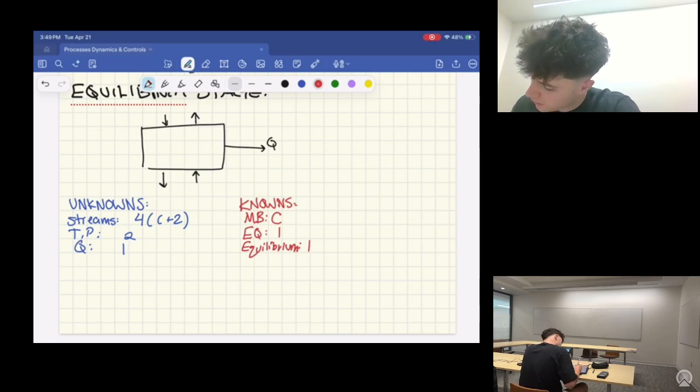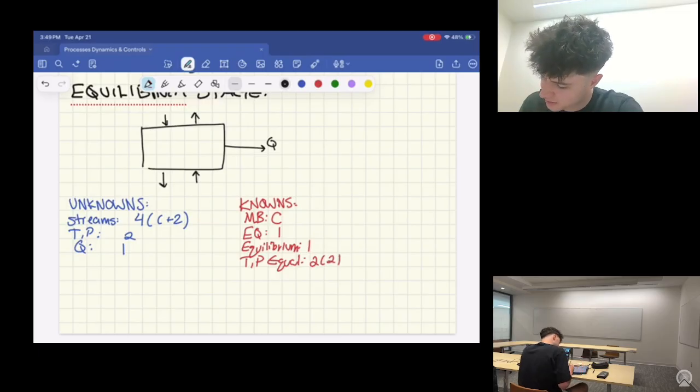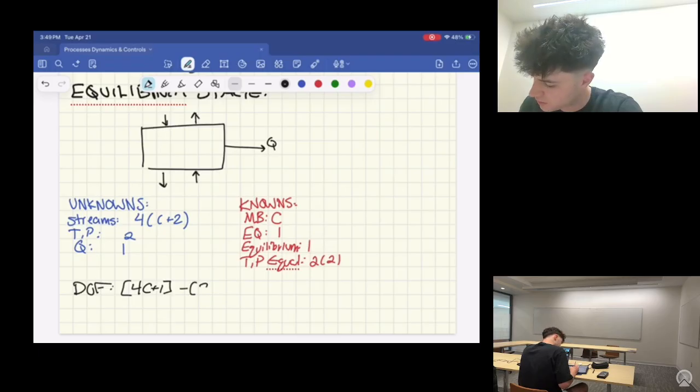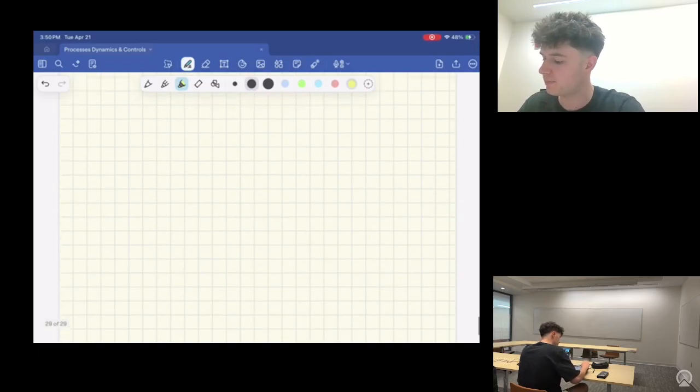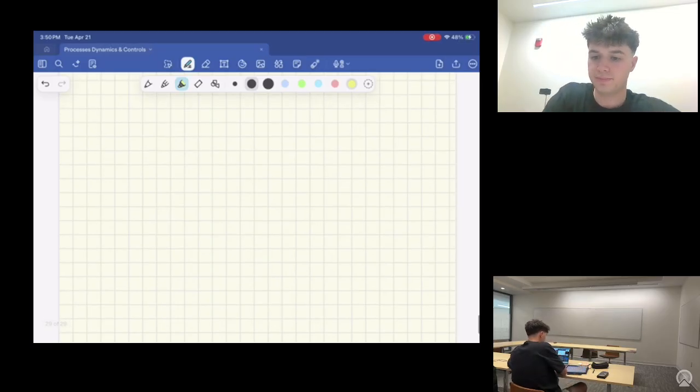And then our TP equal, it's going to be equal to 2 times 2. Now this allows us to solve for our degrees of freedom, and that is going to be 4C plus 1 minus 2C plus 5 to get you 2C plus 6 is our final answer for our equilibrium stage degree of freedom solution, and we're able to continue.